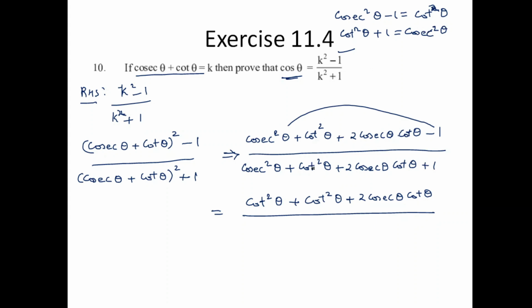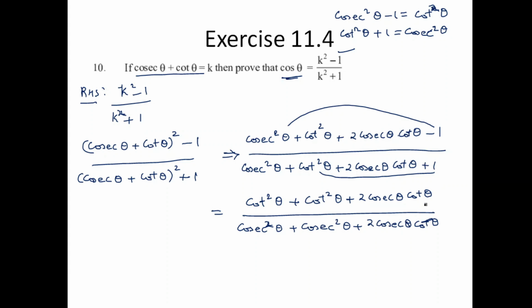Okay, so if you're looking in the denominator, I'm having these two terms, right? So I can replace them with cosecant square theta, that is a cosecant square theta plus 2 into cosecant theta into cot theta. I hope this is clear up to here.